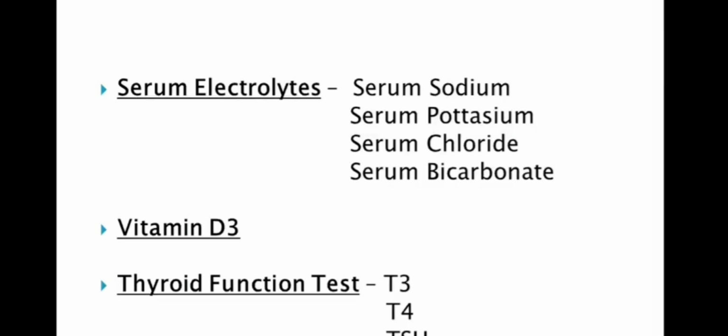For the TSH level, there is a protocol, an algorithm for the evaluation of thyroid disorder, hypothyroidism or subclinical hypothyroidism. The normal TSH level should be 0.4 to 4.